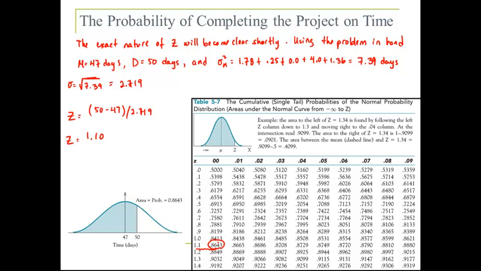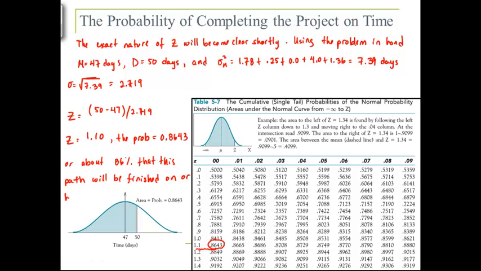So that's going to tell you the probability is 0.8643, or about 86%, that this path will be finished on or before day 50.